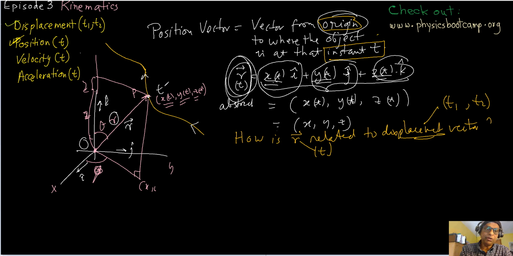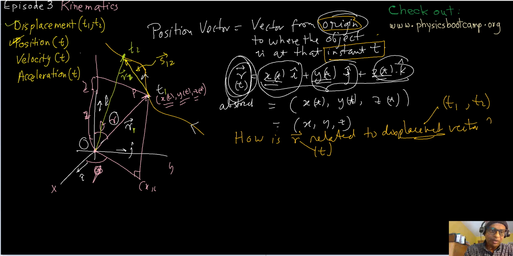So let's say this is at time t1, let's label this r1, and pick another time t2, and so this will be the position vector at that time, r2, right? The displacement vector from our previous discussion is this. This is the displacement vector, and we're going to call it from 1 to 2 with an arrow, going from 1 to 2, and we're going to use the letter S for the displacement vector.